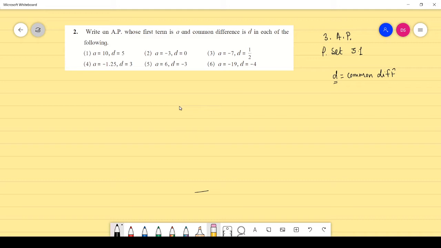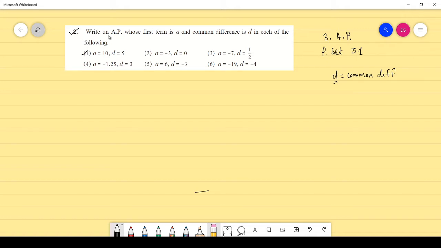We already found how to check whether a sequence is an AP, which I solved in example number 1. Now we are going to solve question number 2, sub-question 1.